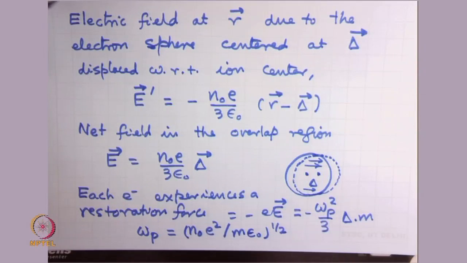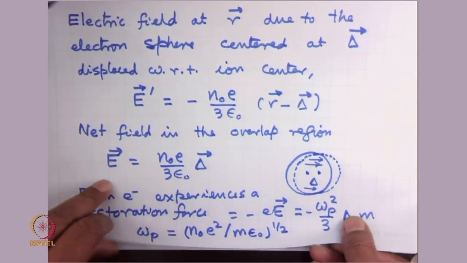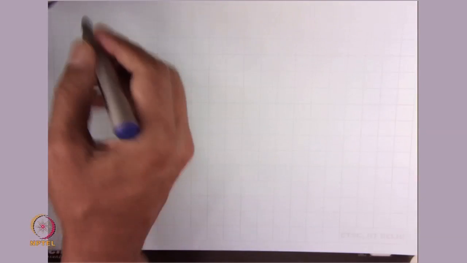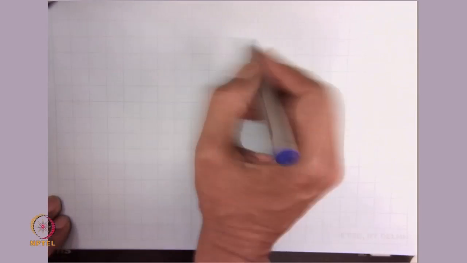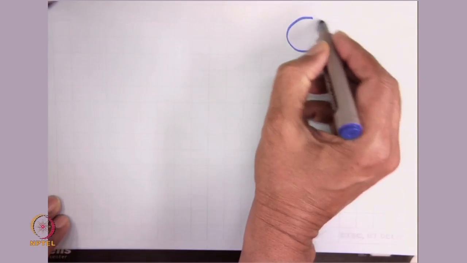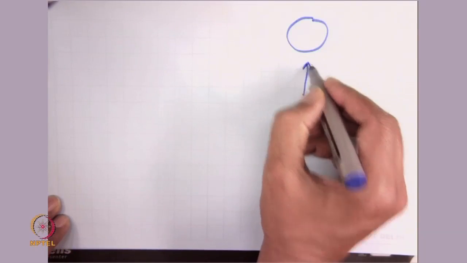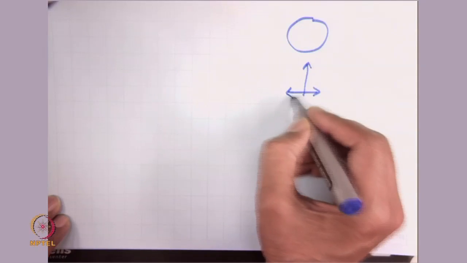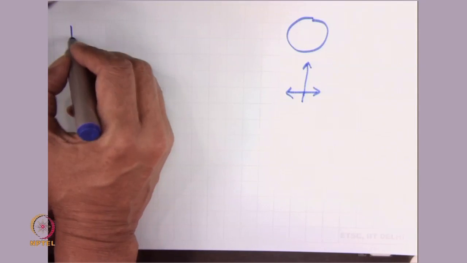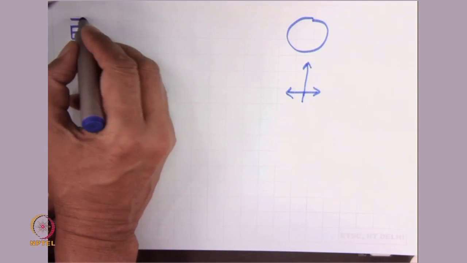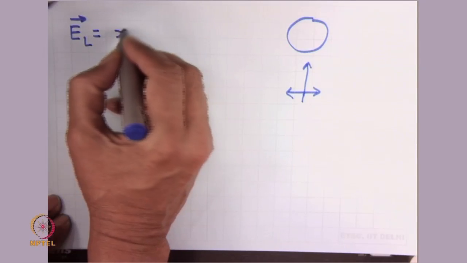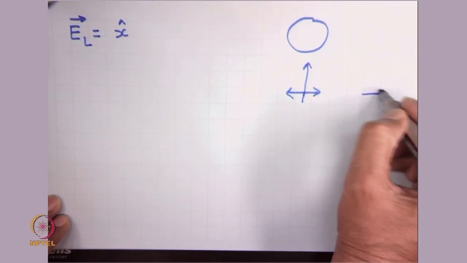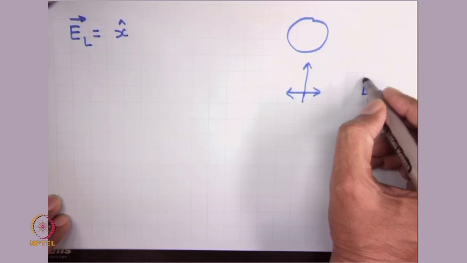Now, let me write down the equation of motion for an electron inside the electron sphere in the presence of the laser field. So, I want to examine the response of the cluster to a laser field like this. Suppose this is polarized in the x direction, this is my x direction, this may be the z direction.